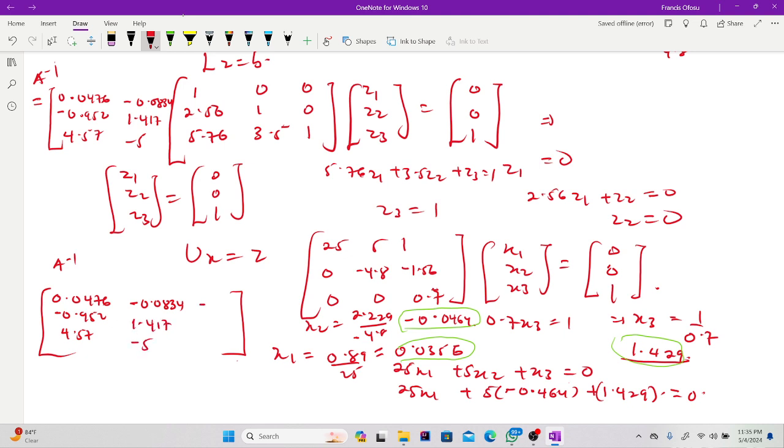And the next one here is 0.0356, not negative. So 0.0356. Then my x2 is negative 0.0464. Then my x3 is 1.429. And this gives me the inverse of the matrix.